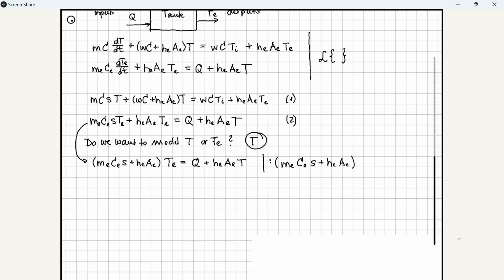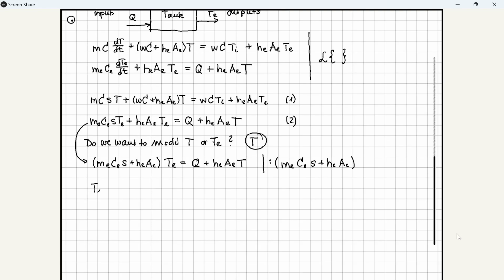This way we're getting an expression for TE, and that is that TE equals Q plus HEAE times T divided by MECES plus HEAE.